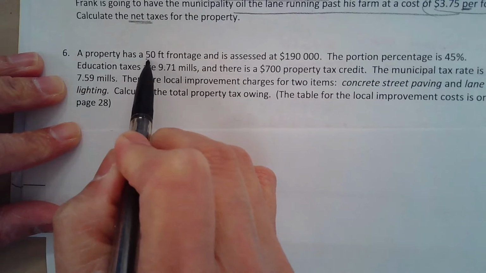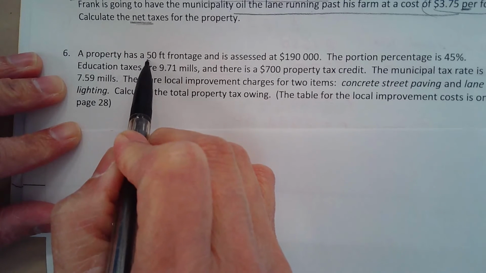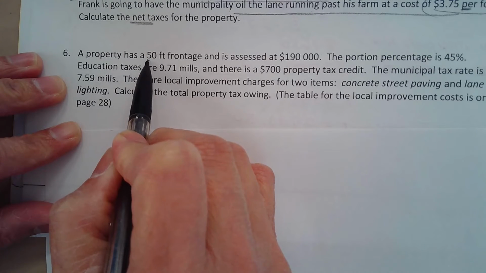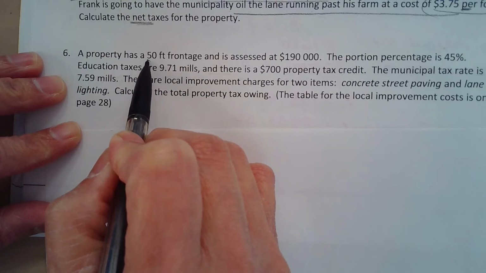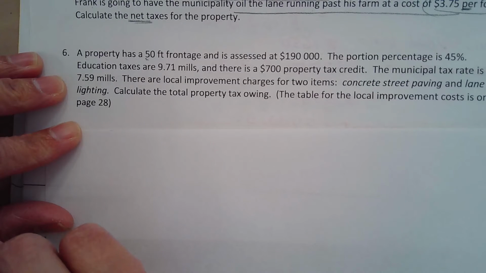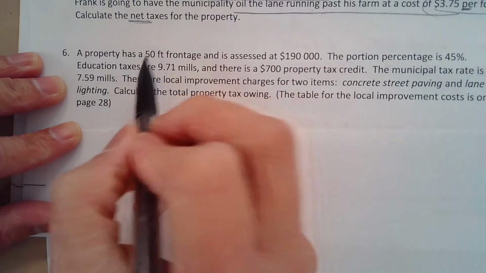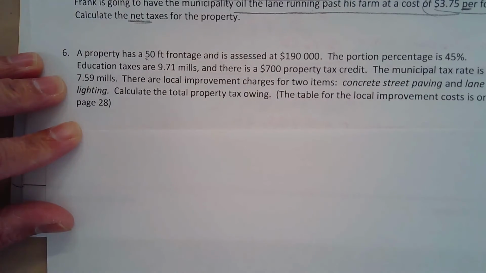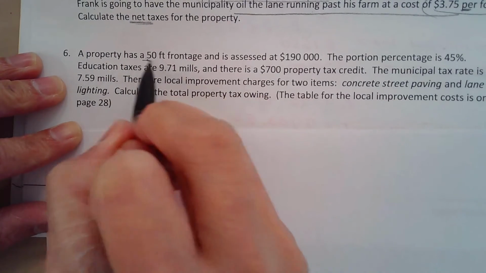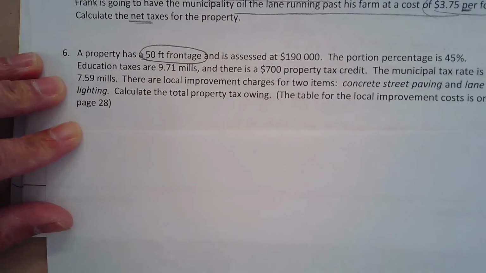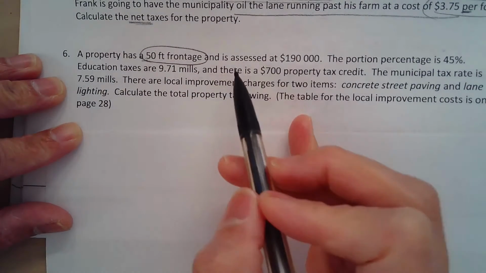So why is this important to us? Why is 50 feet frontage important? Yeah, you have a frontage, and we're probably gonna need it because of the local improvement, right? Yeah, local improvement. So let's circle that.